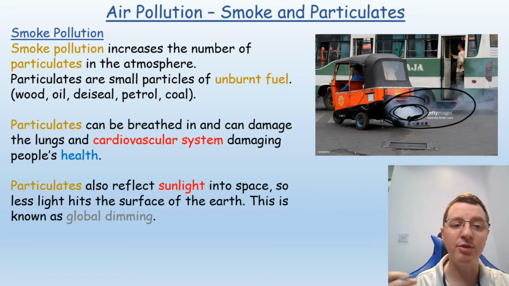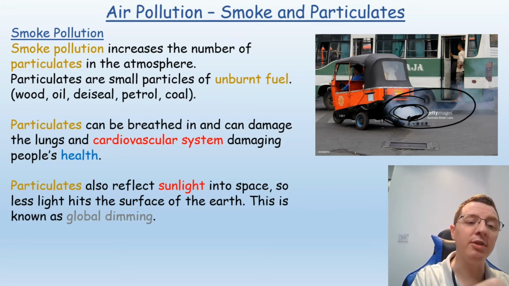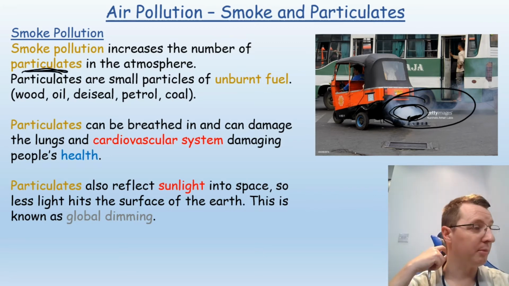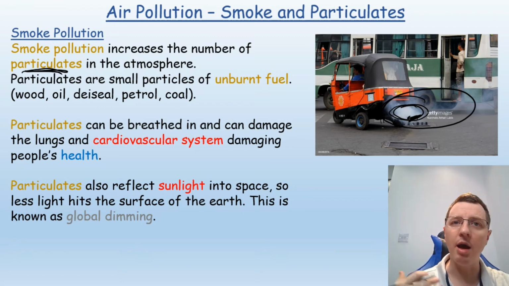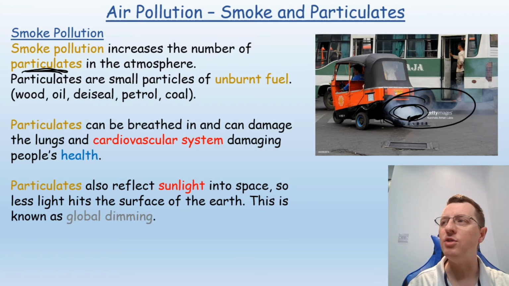In particular, this smoke pollution increases something called particulates in the atmosphere. With any vehicles that are burning diesel and whose engines are not particularly efficient, there isn't enough oxygen to burn the entire diesel molecule, so you will often get short hydrocarbon sections of the molecule coming out of the exhaust pipe.